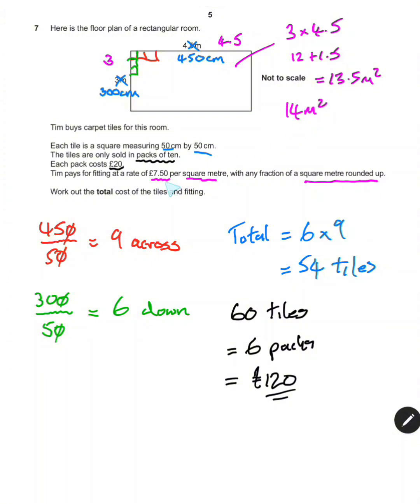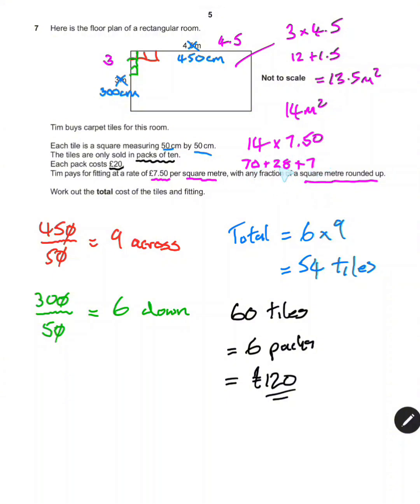So we need to do 14 times £7.50. We're going to do 7 times 14. I'm going to break this apart. I'm going to do 7 times 10, which is 70. I'm going to do 7 times 4, which is 28. And then I'm going to do 0.5 or a half, lots of 14, which is 7.